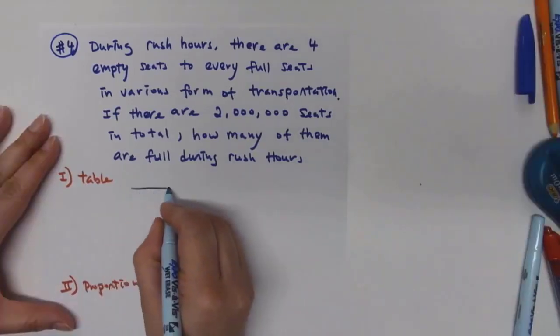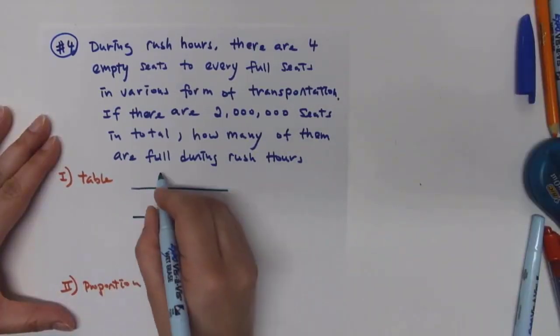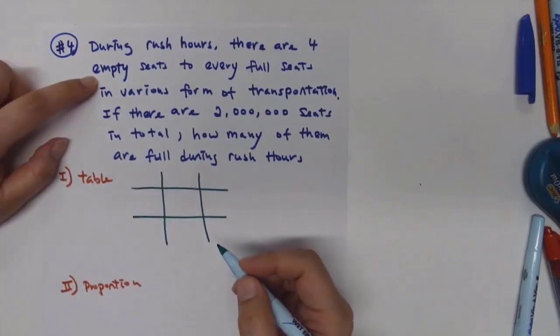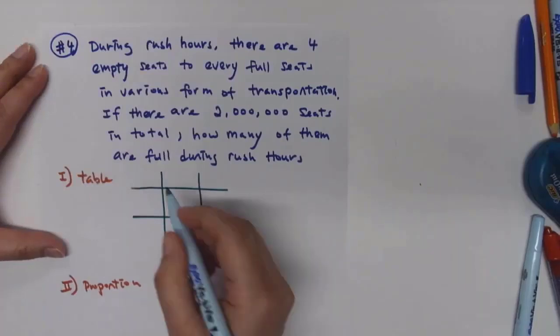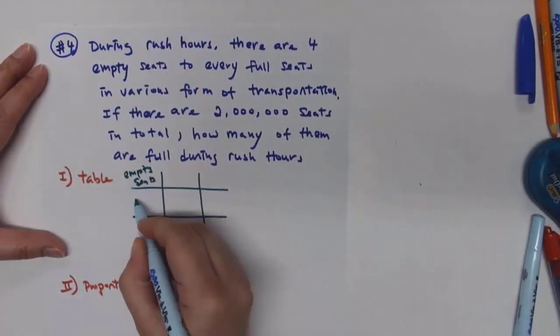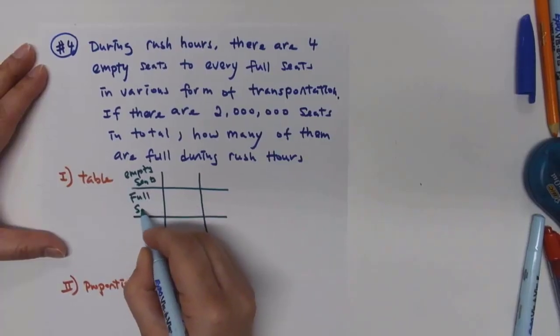First, we need to set the table. It looks like the ratio is between empty seats and full seats, right? So I'm going to list empty seats and full seats.